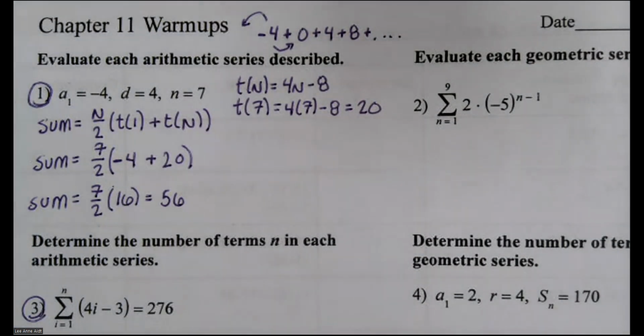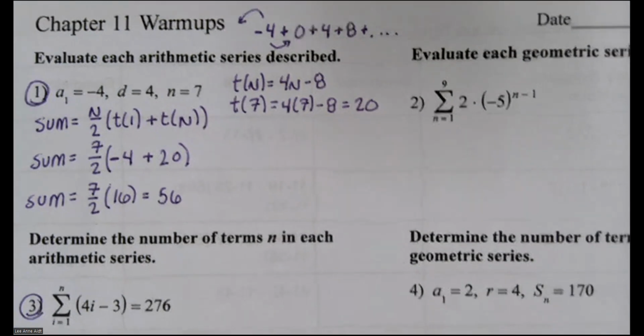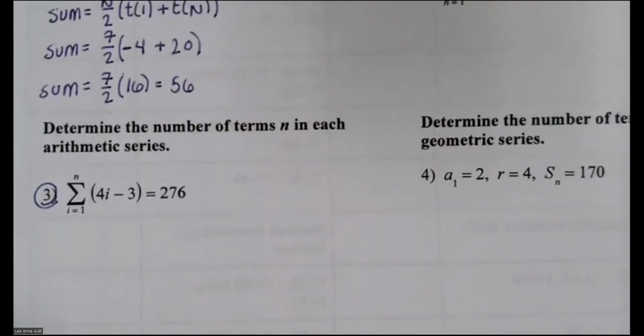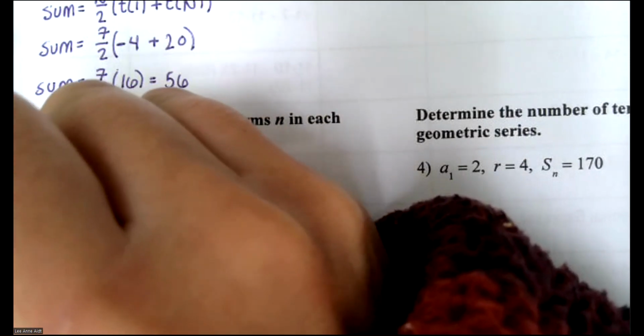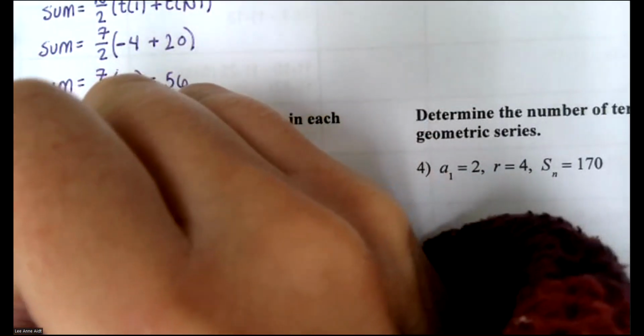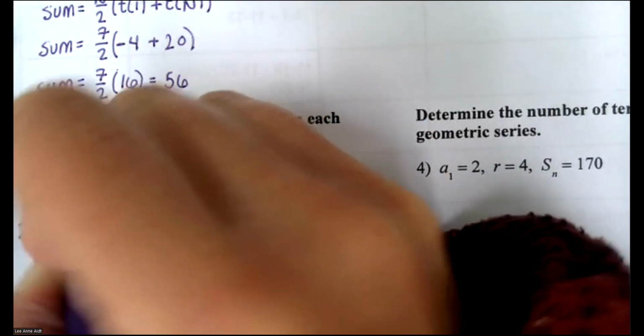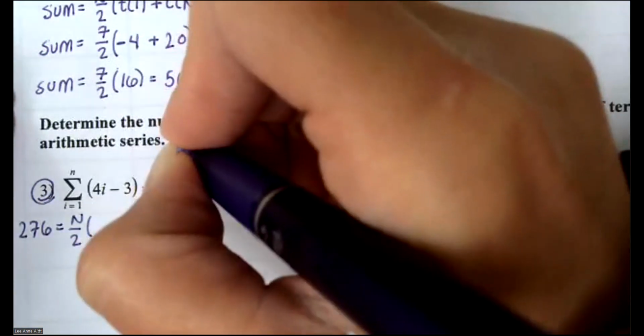All right. Now I see number 3 is setting me up for the quadratic formula. I didn't leave you a whole lot of room, so I'm going to write super tiny. So I have sum equals n over 2 times first term plus last term.